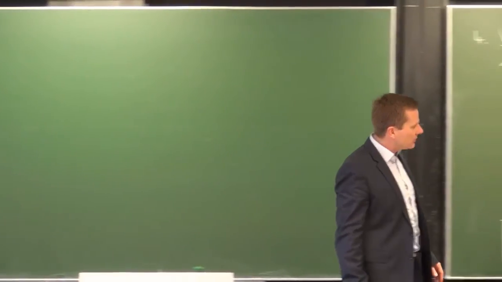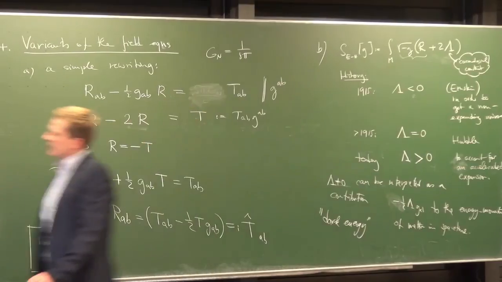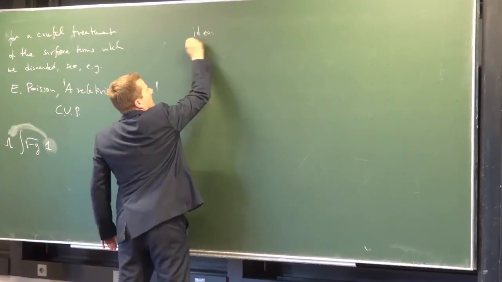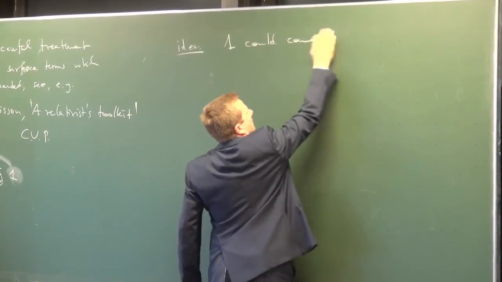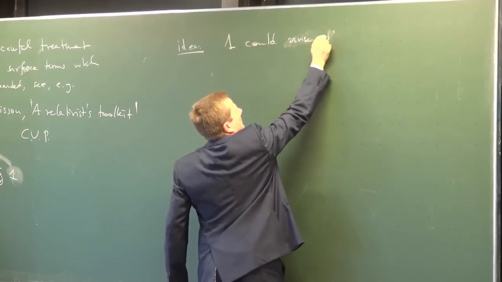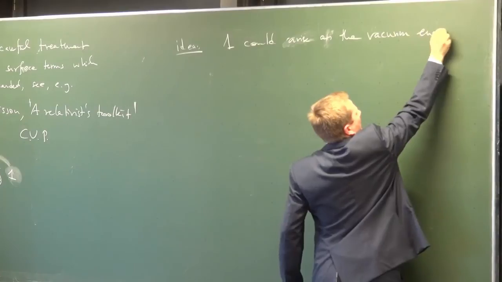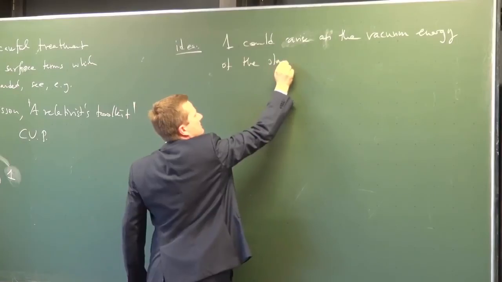And then Weinberg calculated the vacuum energy, I think, from QCD and how it would contribute to this lambda and whether it would suffice. And so you can get the following calculation. Idea: lambda could arise as the vacuum energy of the standard model fields.